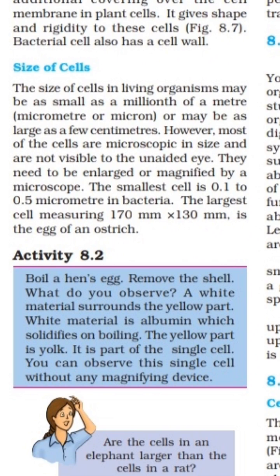The smallest cell is 0.1 to 0.5 micrometer, present in bacteria. The largest cell, measuring 170 millimeter multiplied by 130 millimeter, is the egg of an ostrich.